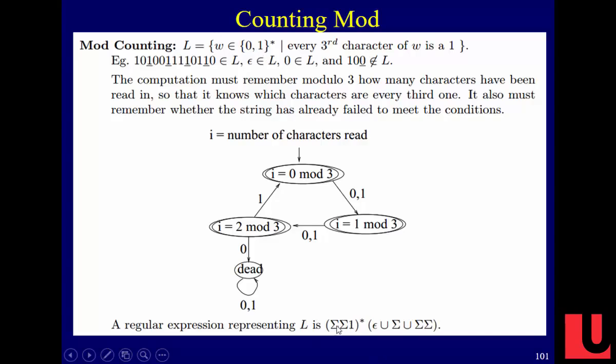I can take anything in my alphabet, followed by a 1. And then I can repeat that as many times as I want. Anything in my alphabet, a 1. Repeat. Right? And then, how do I end? Well, I could be done now, or I could get one more character, or I could get 2 more characters.